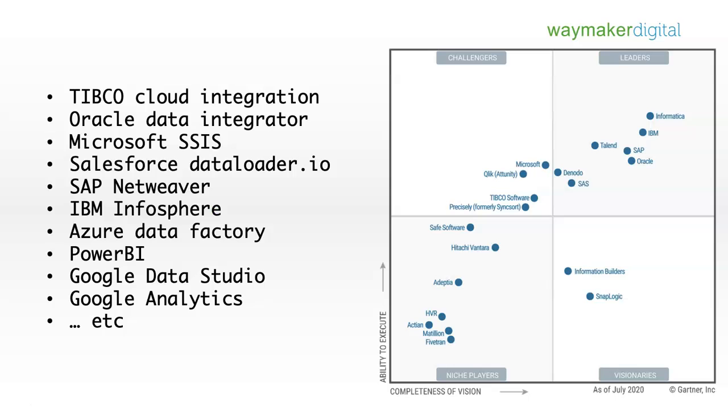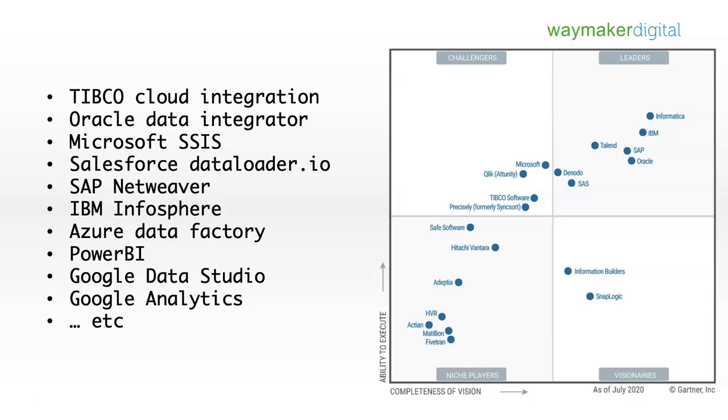Before I wrap up, let's talk about some tools that might be involved in a data lifecycle management program or strategy. So I've put an image there from a Gartner report as of July 2020.